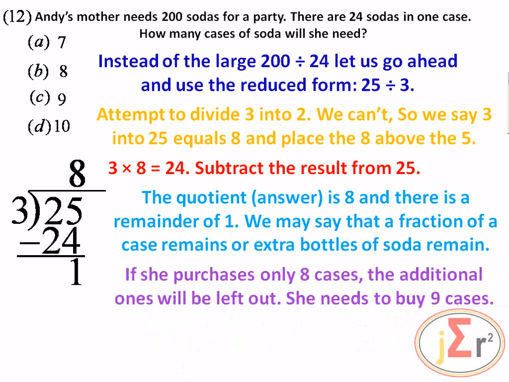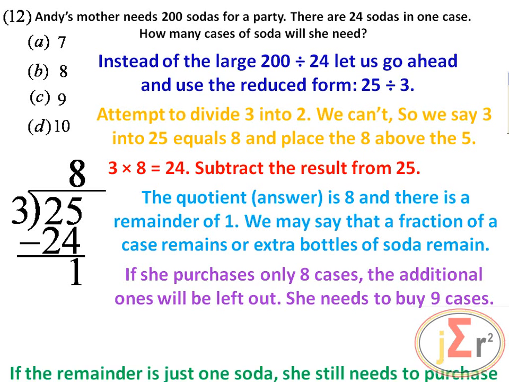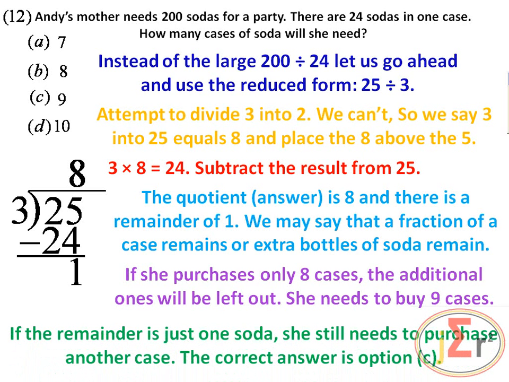Yes. If she purchases only 8 cases, the additional ones will be left out, and she will not get to 200 sodas. She needs to buy 9 cases. If she does not buy another case, she will never get to her 200 sodas. If the remainder is just 1 soda, she still needs to purchase another case. The correct answer is option C, because of the leftovers, Jerry.